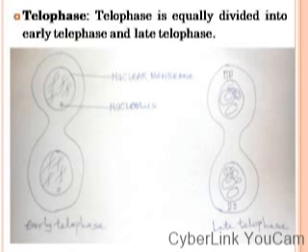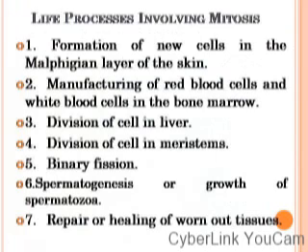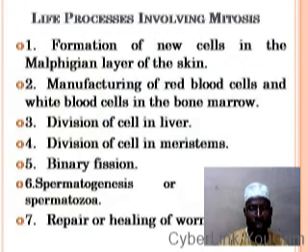Let us look at the life processes involving mitosis. The first one is the formation of new cells in the malpighian layer of the skin. You already know that the skin consists of two main layers when you are in JSS.